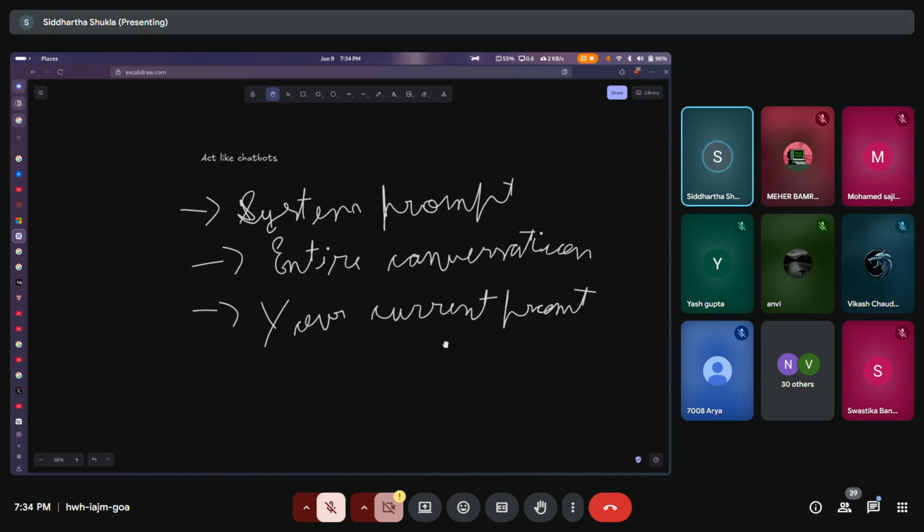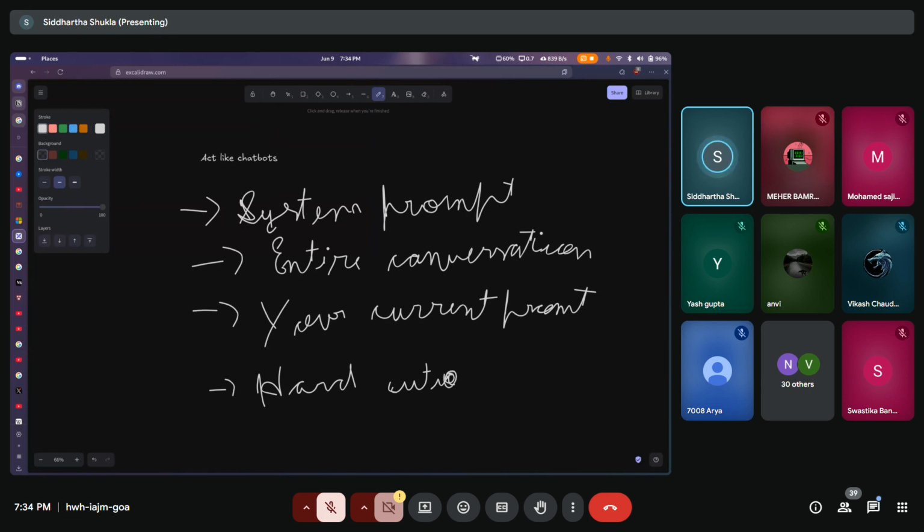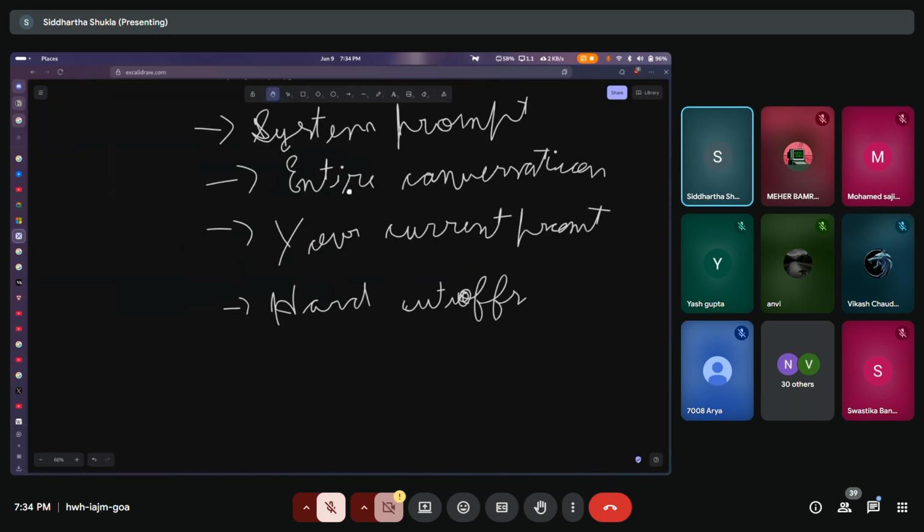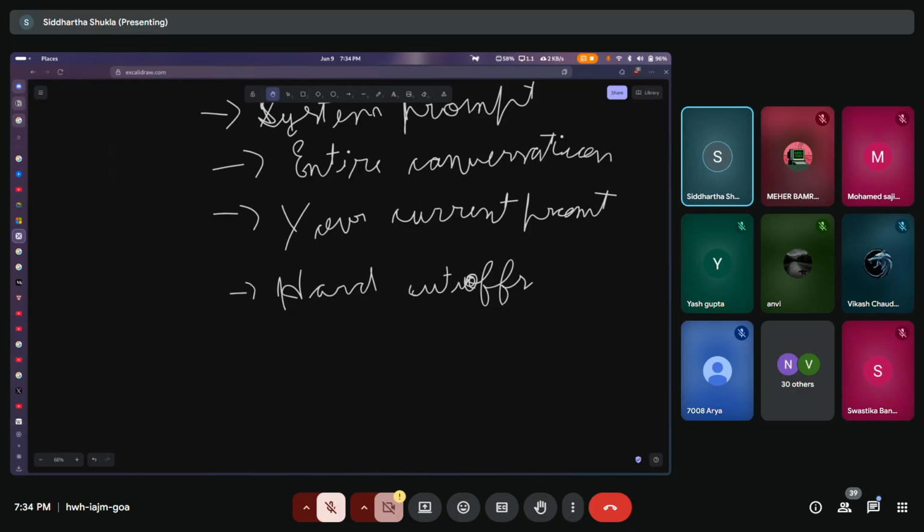There are a lot of different context window strategies. There is a hard cutoff, where ChatGPT cuts off answers when they exceed the context window. There's also a sliding window mechanism.